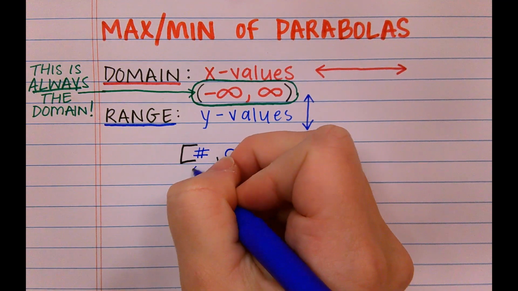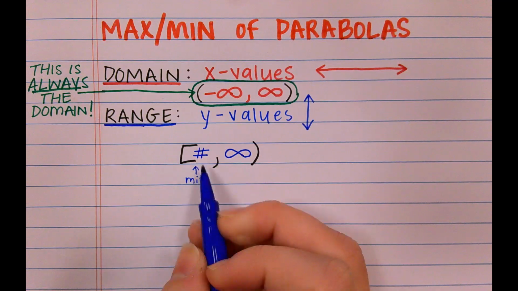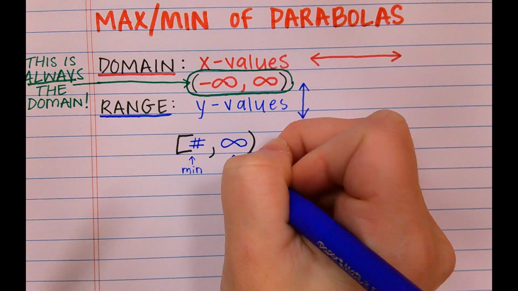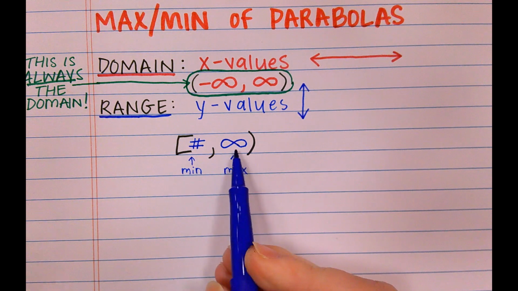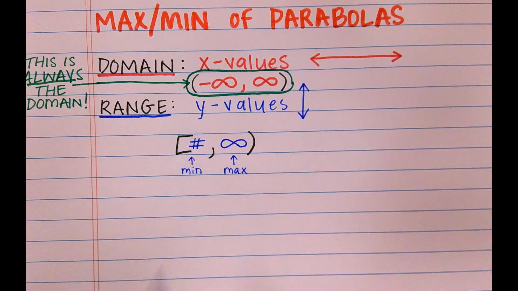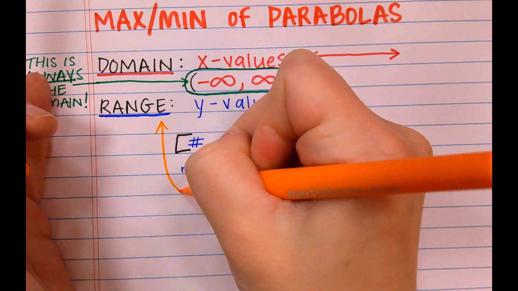Know that this is the minimum. Minimum comes first. Then is the max. The maximum is infinity whenever the parabola goes up. When the direction is up, the max is infinity. So I'm going to draw it going up.